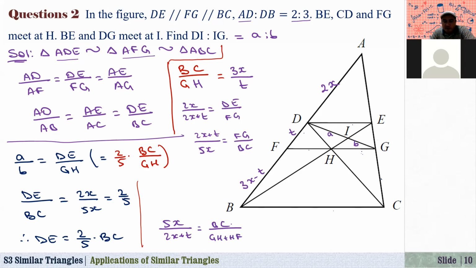BC is equal to 3x over T. Anyway, that's how we are stuck here.